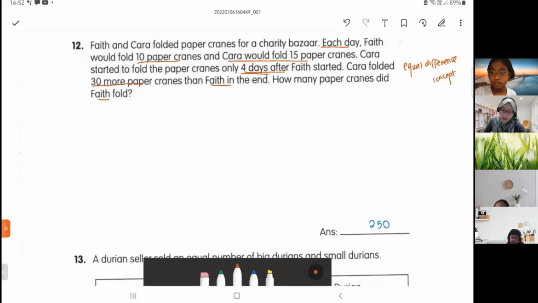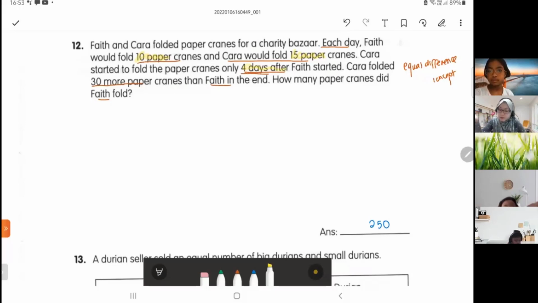Now, let's look at the number of paper cranes that are given here. Each day, Faith would fold 10 paper cranes. Kara will fold 15 paper cranes. These are the 2 paper cranes that these 2 girls separately folded each day. But we know that Kara started 4 days after. So, Faith starts first, Kara starts later.